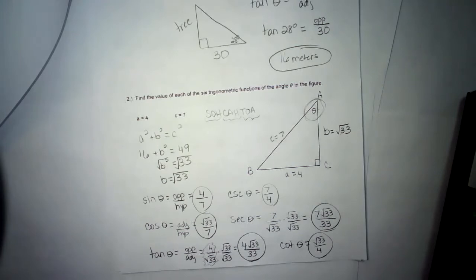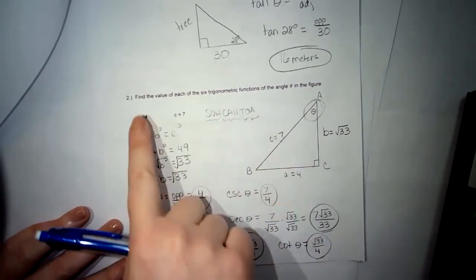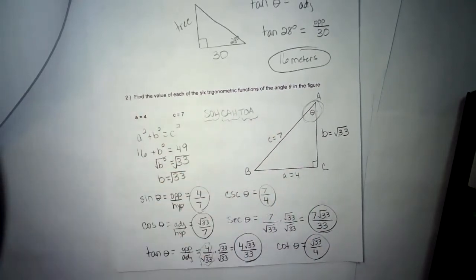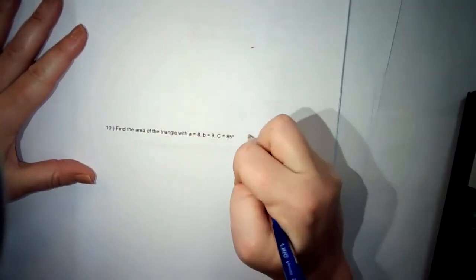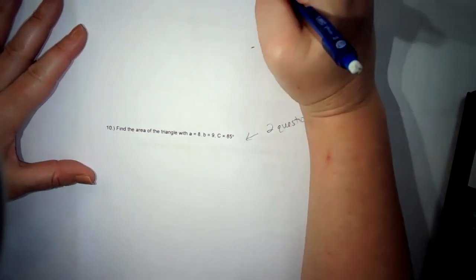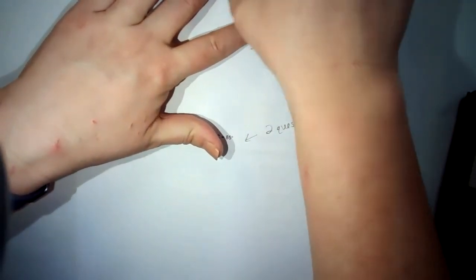Be comfortable finding all 6. But instead of shoving all of these into one question, it's going to break into 2. So like number 1 might be find tangent. Number 2 might be find secant. See what I'm saying? So that's where we get the 12. And then you're going to have 2 questions like this one. And you're just going to have 1 like this. And anyway, that's where the 12 come from.